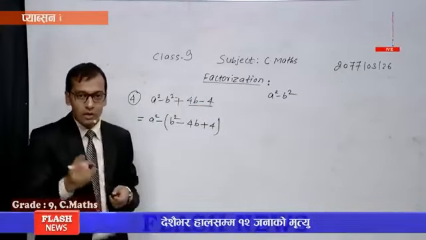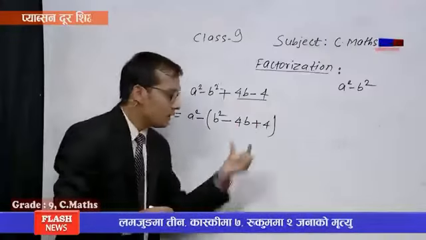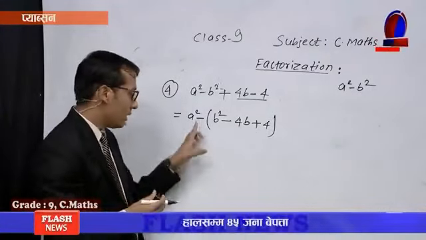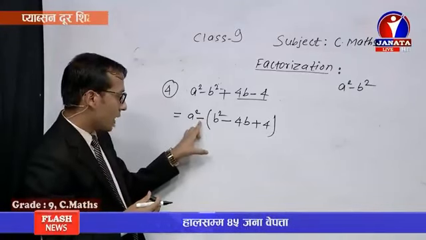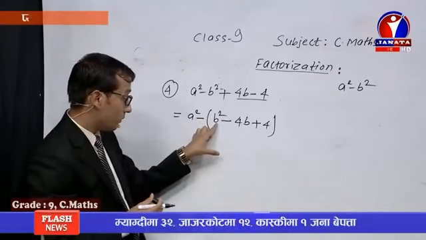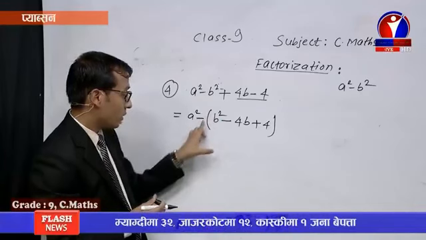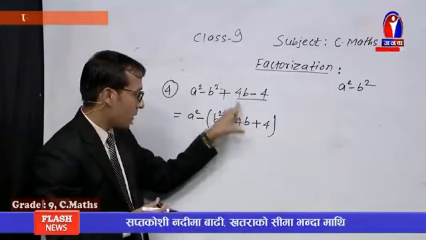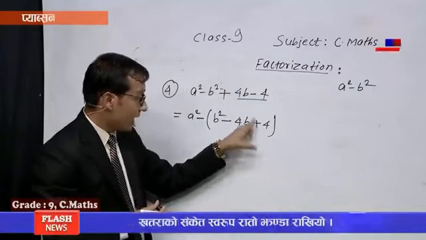We can check why the signs are changed in the bracket. Negative sign times b square is minus b square, so minus minus is plus. And minus times plus 4b is minus 4b.